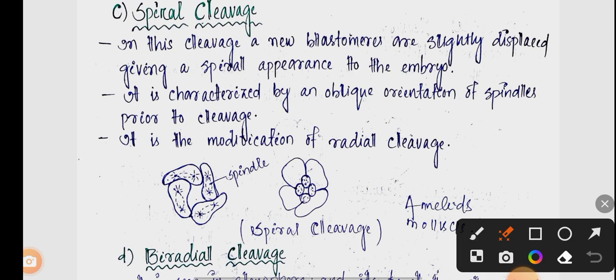It is a modification of radial cleavage. Radial cleavage modified into spiral cleavage is called spiral cleavage. It is seen in annelids and mollusca.